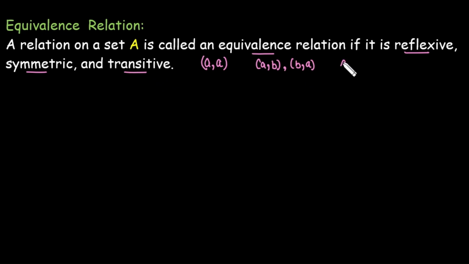Transitive means if A, B is a part of a relation as well as the ordered pair B, C is a part of the relation, this implies the ordered pair of the form A, C should be there to call it transitive. So if all these three conditions are satisfied, then the relation is called an equivalence relation.